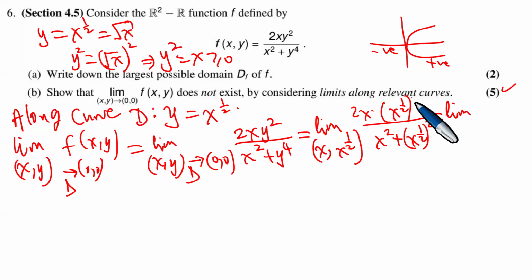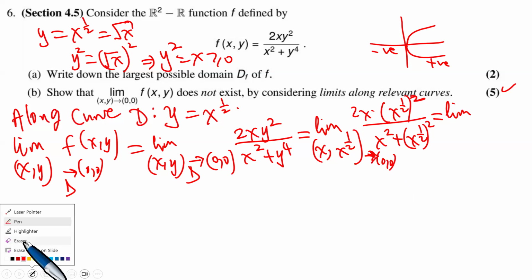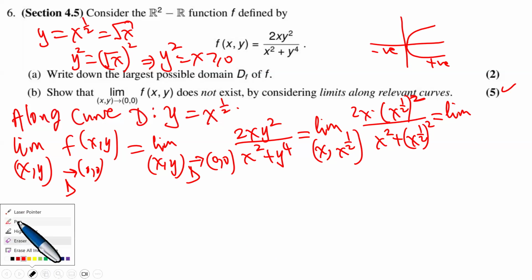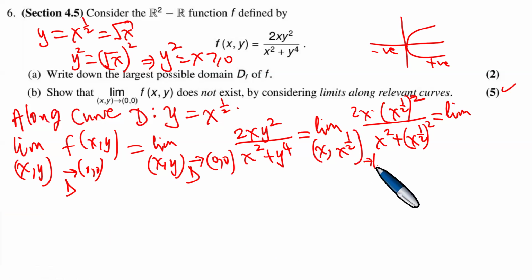Please note this is a square, because it is 2xy squared, so we square here, and this one is x squared, and then here is y to the 4th power. This approaches 0 and 0. The first coordinate says x approaches 0.